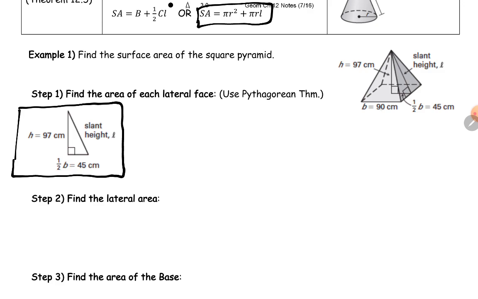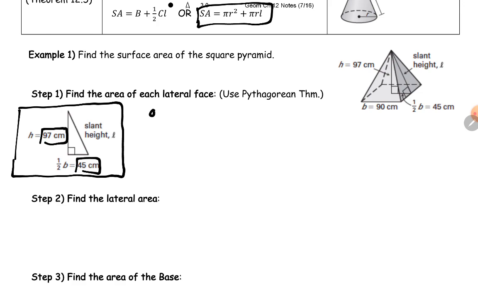They told us that the base of the pyramid is 90 centimeters. So if I wanted to find the distance from one side of the pyramid to the center, that would be 45 centimeters, because it's just half going to the middle. Okay, so we now have a triangle that is 97 by 45.